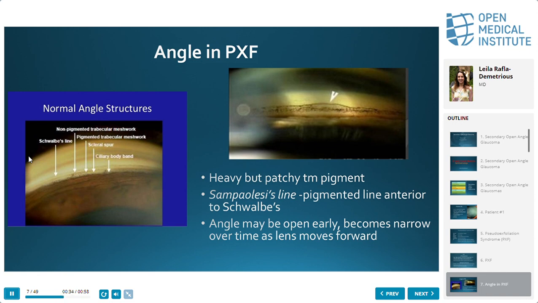Can be found in other glaucomas, but very characteristic of pseudoexfoliation. And then the TM pigment is very patchy. It looks kind of like salt and pepper pigmentation. And the angle is usually open, especially early in the course of the disease, but it can become narrow over time. So these patients need to be watched for development of narrow angle and sometimes need treatment for that as well.